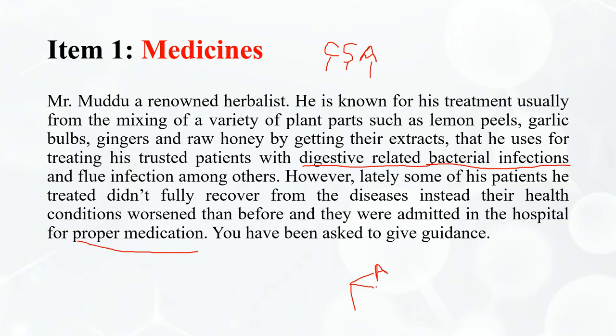Then we also talked about antibiotics. The antibiotics, majorly, are looking at bacterial infections. And finally, we looked at psychotherapeutics, those related to the brain, to the mind. But in our scenario, it is bacterial infection.